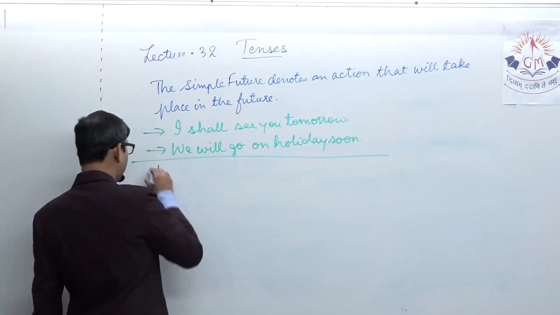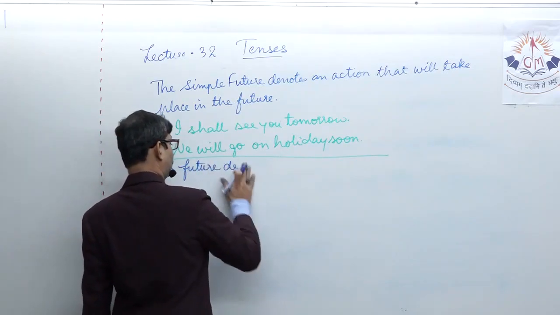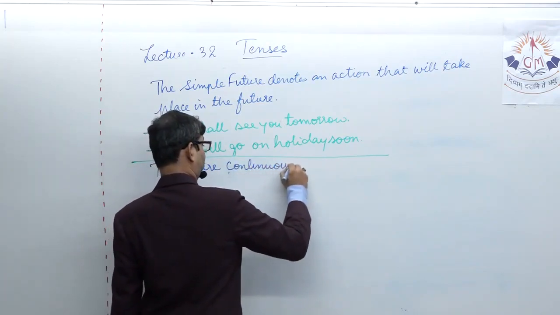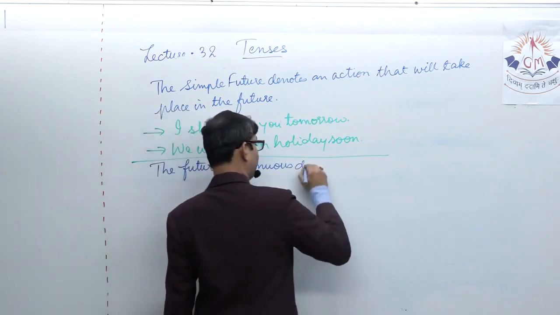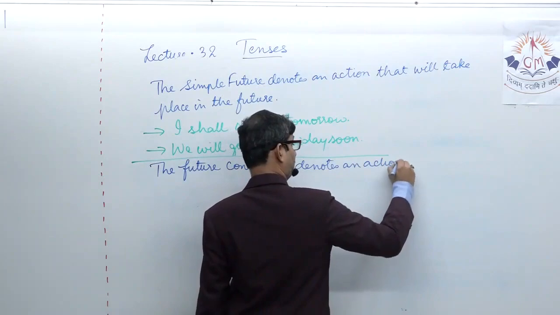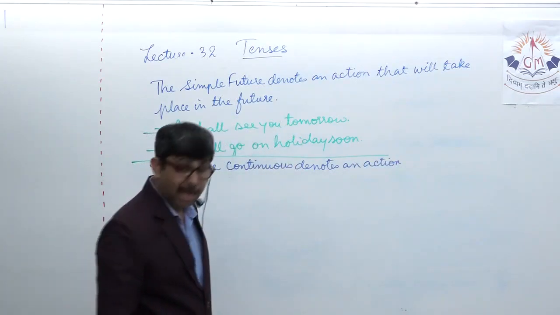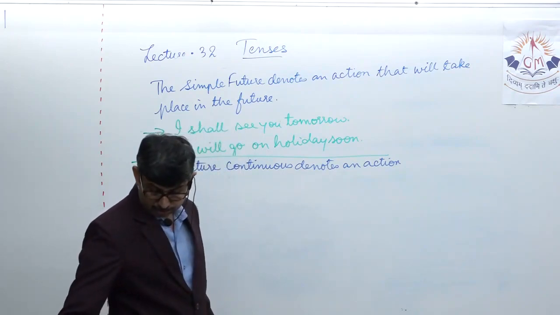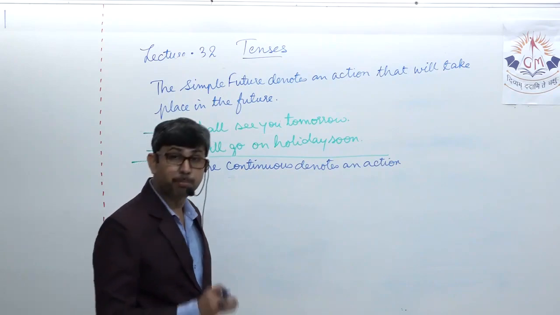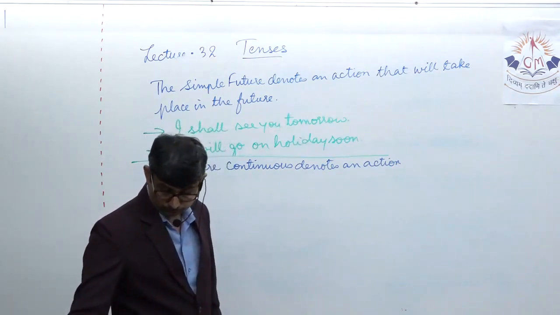The future continuous denotes an action that will take place, or that will be going on at some point of time, not now, not in the past, but in the future.